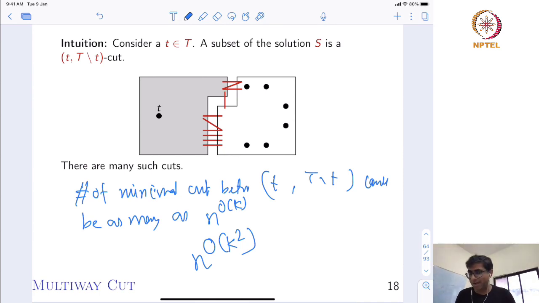So now, rather than doing this, we ask ourselves, what happens if we enumerate T minus T important cuts, because we know that there are only 4 to the power k of them.